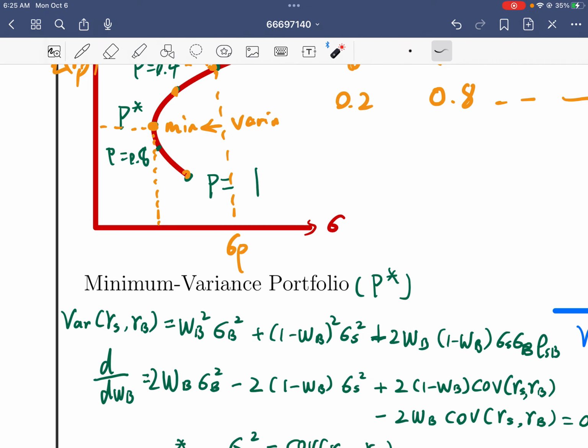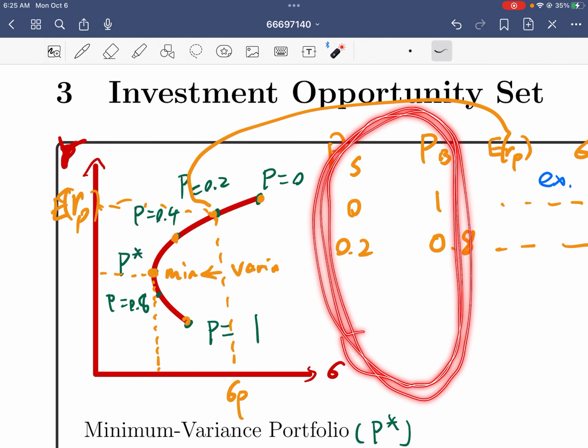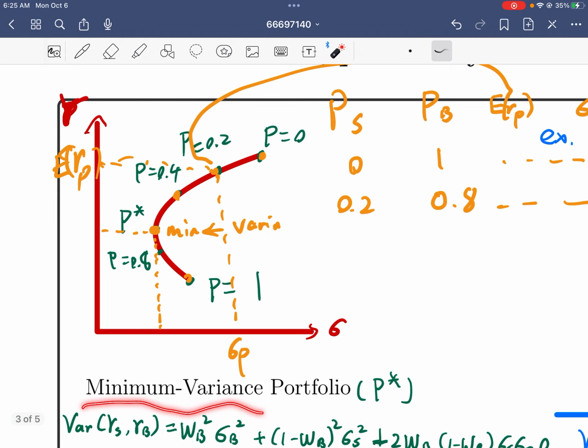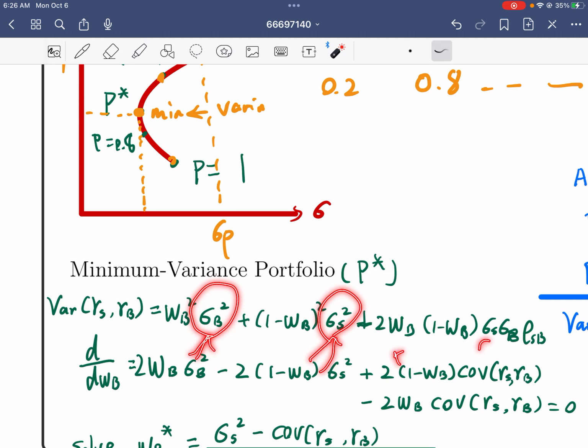Now here we want to find, among all those portfolios, the portfolio with the smallest, the minimal variance. How to do that? We write this equation. We change the weight of stock to 1 subtract weight of bond, where we know the standard deviation of the bond and stock. We also know the covariance between stock and bond.